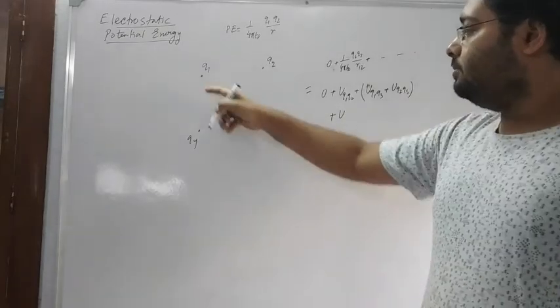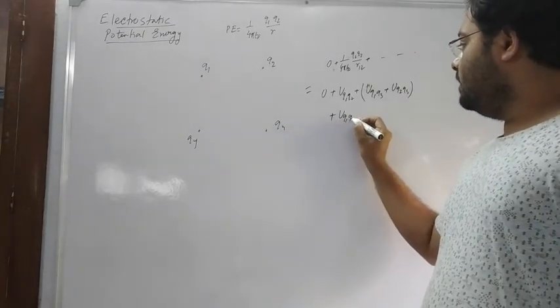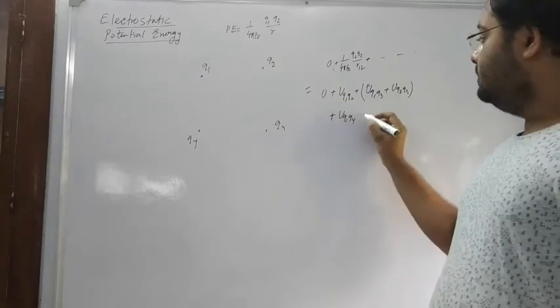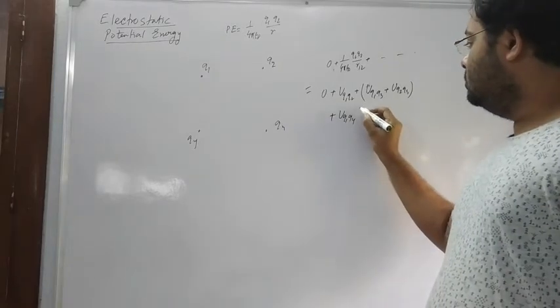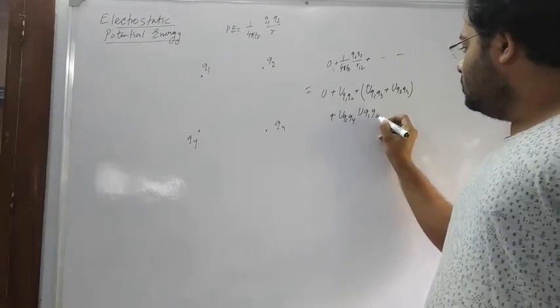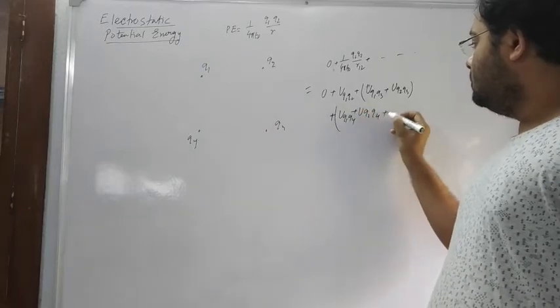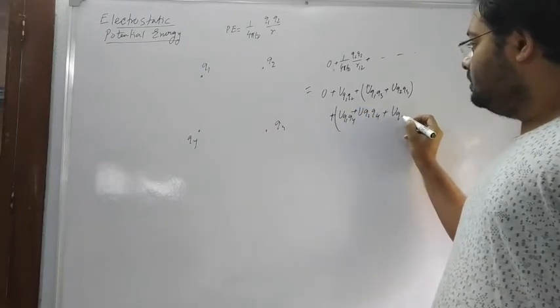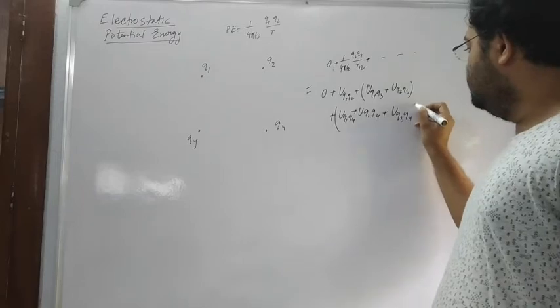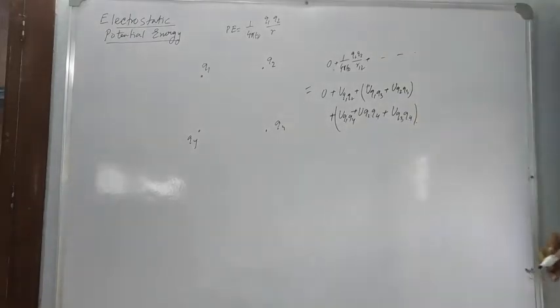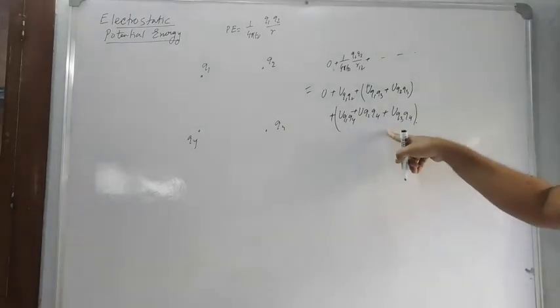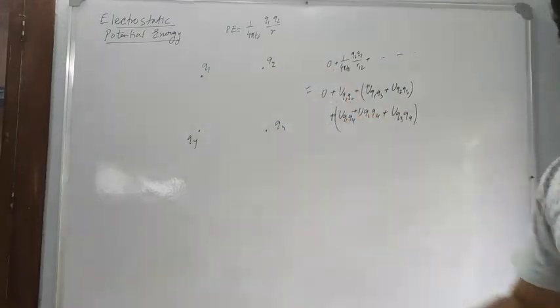There will be Q1 Q4, there will be Q2 Q4, there will be Q3 Q4. So a total of 6 terms will appear when there are 4 discrete charges.